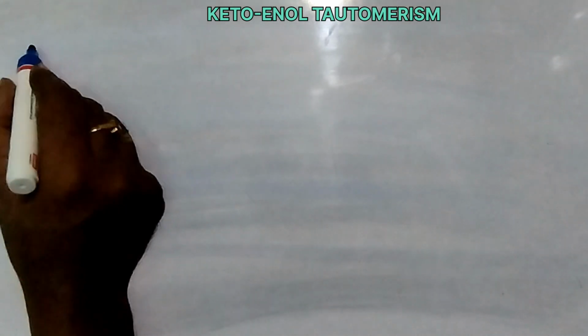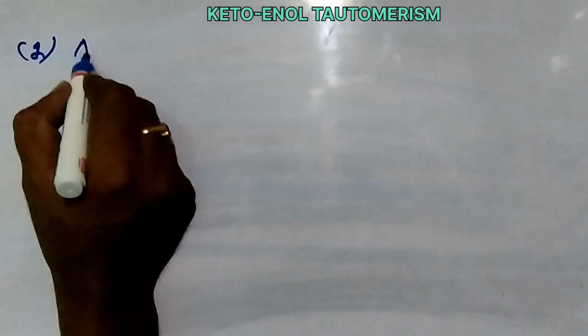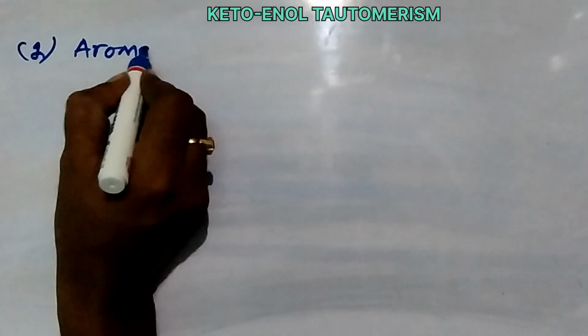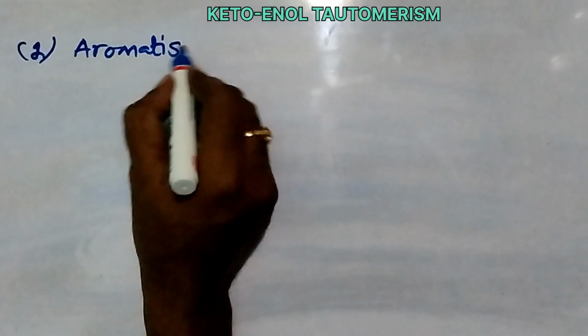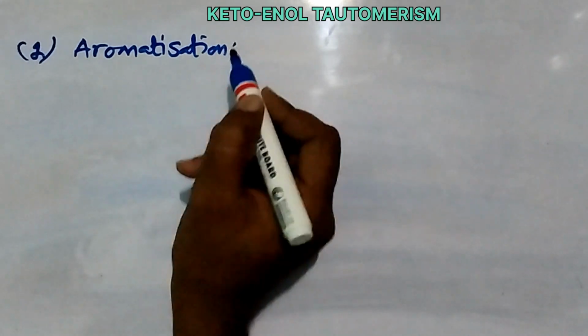Okay, see the second one: aromatization. Aromatization means forming a conjugated system, that is, an aromatic ring formation. Conjugated system means alternate pi bonds are there. That is the next condition.